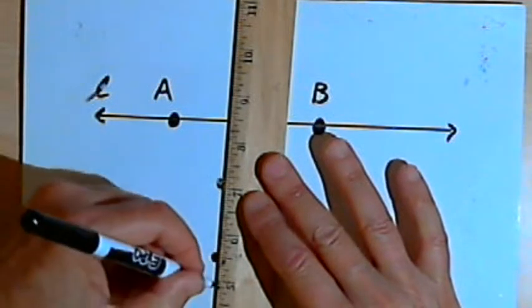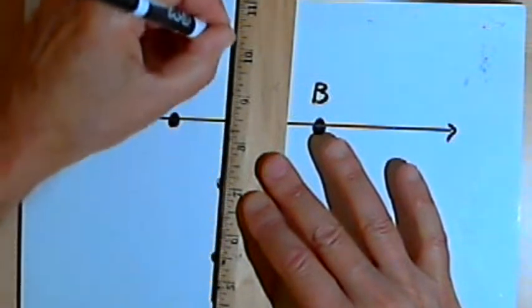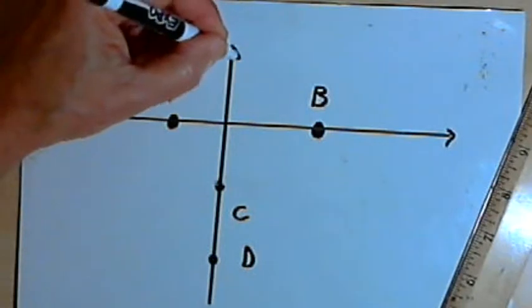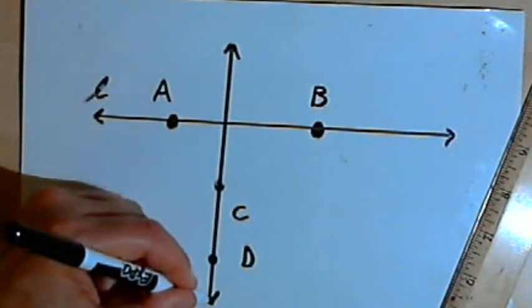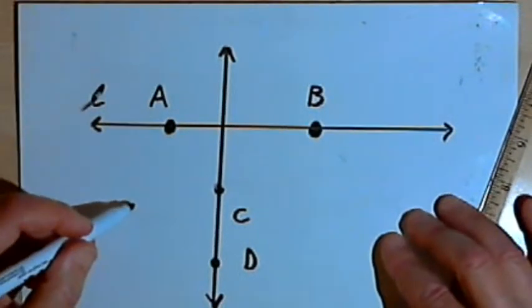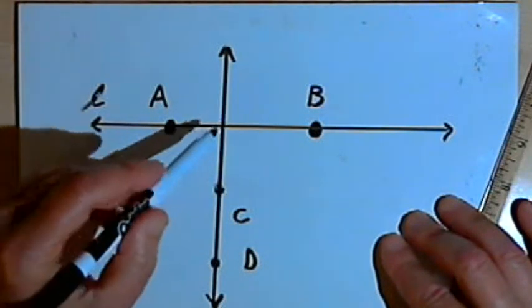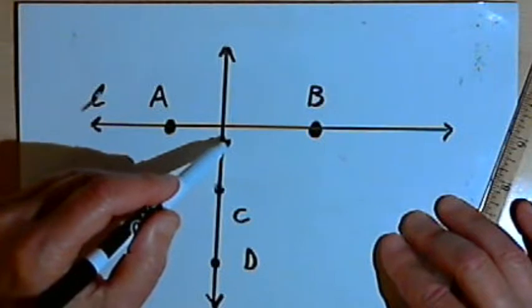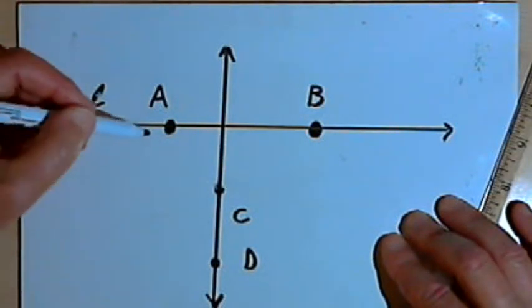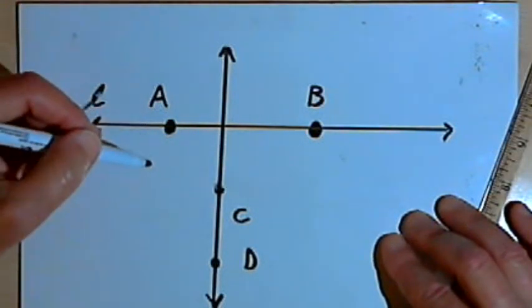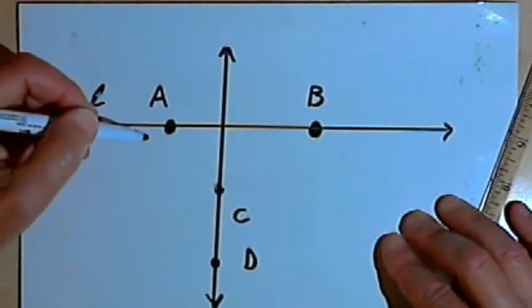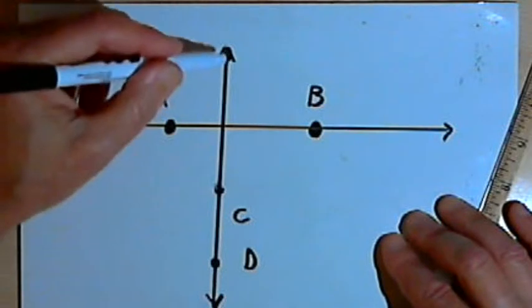I'll draw a line through C and D. And that line cuts through or intersects line AB. At the place where it intersects, it forms four angles. So when you have two lines in a plane, two coplanar lines, they might be parallel or they might intersect.